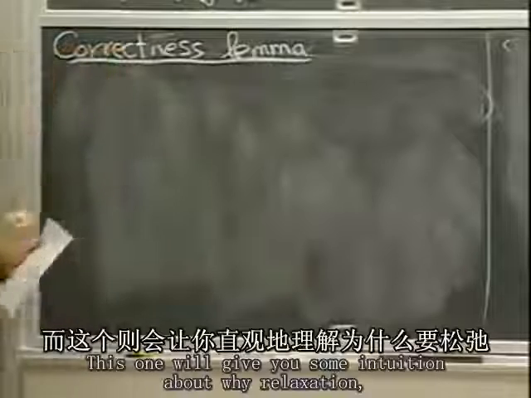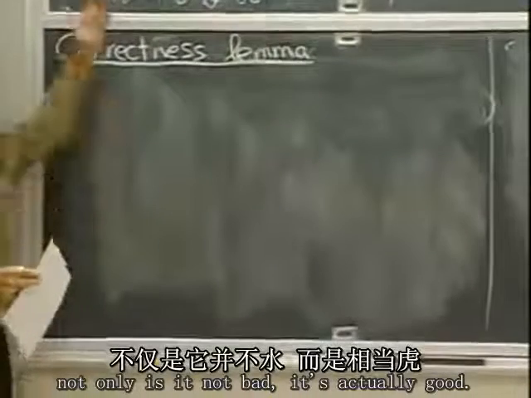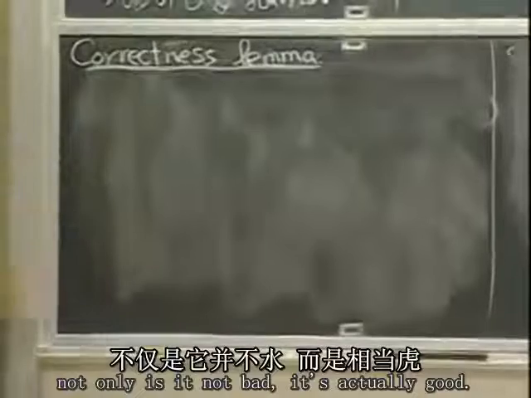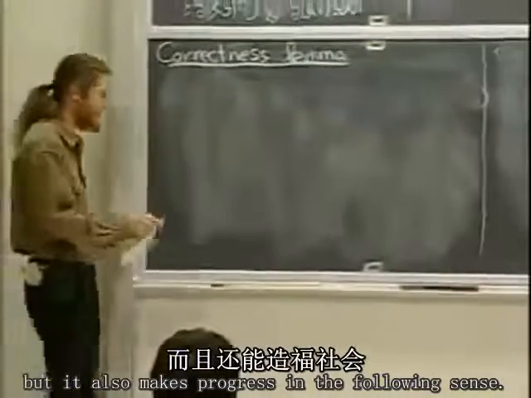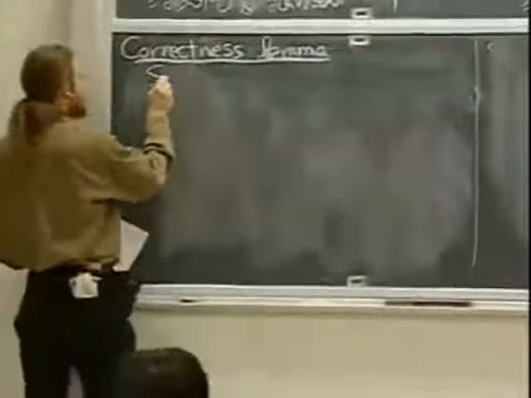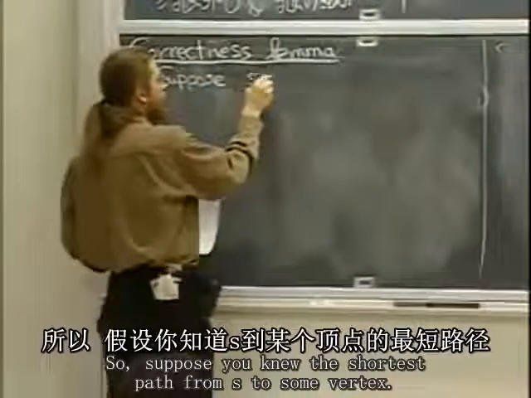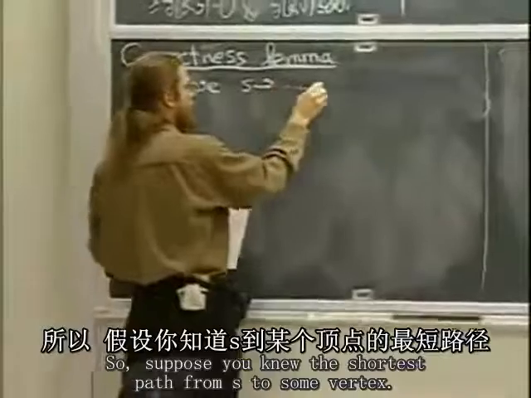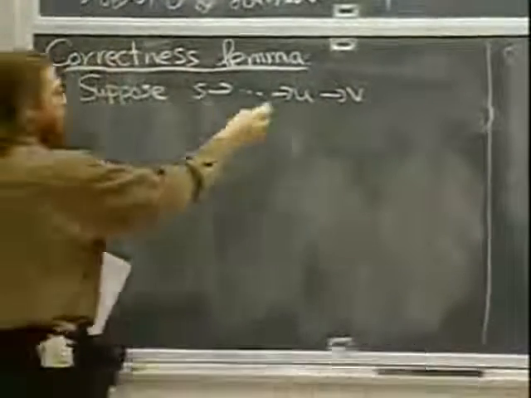This one will give you some intuition about why relaxation is not only not bad, but actually good. Not only does it not screw up anything, but it also makes progress in the following sense. Suppose you knew the shortest path from s to some vertex. So you go from s to some other vertices, then you go to u, then you go to v.